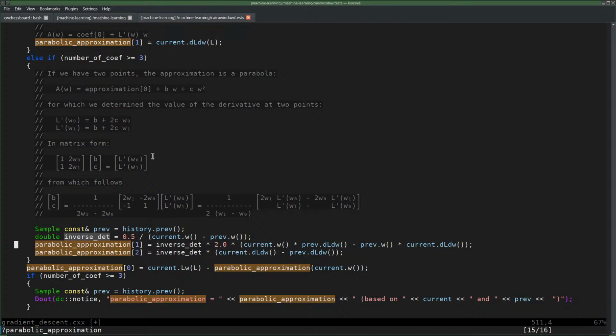No, I have to calculate, oh yeah, I did calculate. I multiplied it out already. Yep. So we get 2 times W1, which was current, times the derivative of the previous value minus again 2 times the previous value times the derivative of current, and so on. Okay, fine, nice.